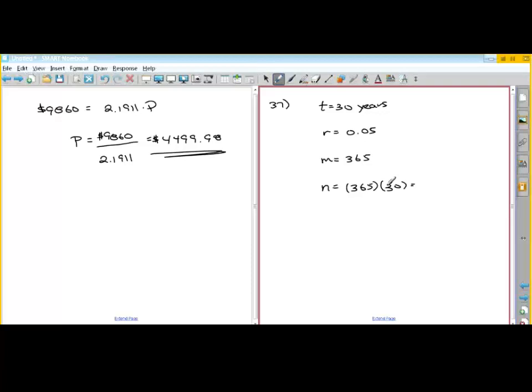It's a big number. 365 times 30 is 10,950. And again, the future value, A, is equal to the principal times 1 plus the rate divided by M, to the N power. So we're just going to plug in what we have. And again, the future value is $500,000.